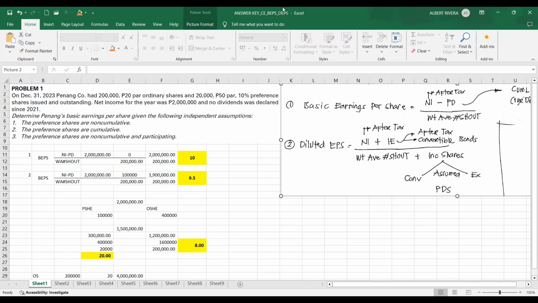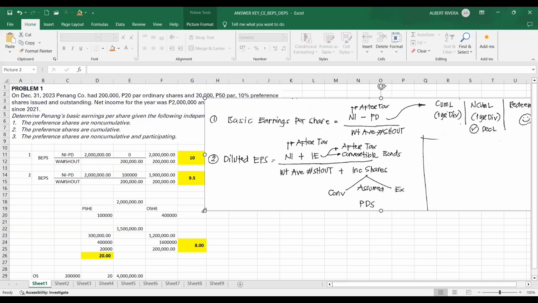So here, ang sabi niya, meron daw siyang 200,000 20 par ordinary shares and 20,050 par 10% preference shares issued and outstanding. The net income was 2 million pesos and no dividends was declared. Okay. Magkano ang basic earnings per share?